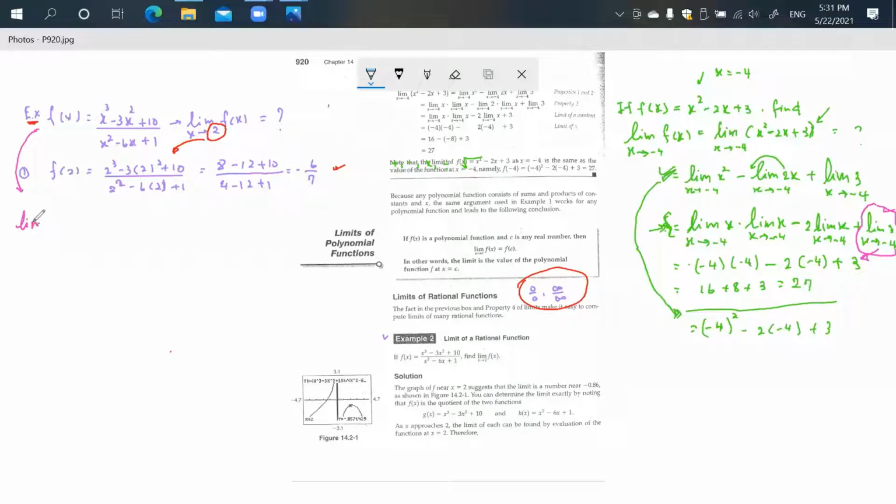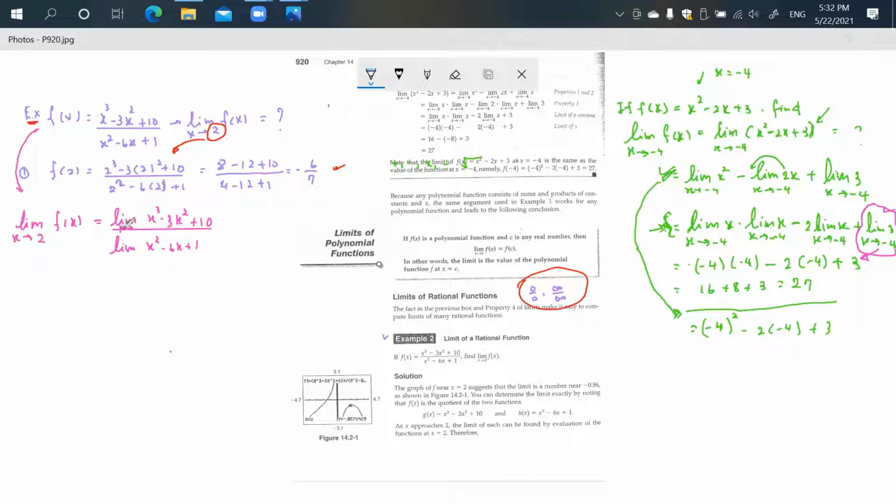Limit of f of x when x approaches 2. Okay, and then the right-hand side, limit of x cubed minus 3x squared plus 10 over limit of x squared minus 6x plus 1. Oh, sorry, this one must have a limit also, don't forget.